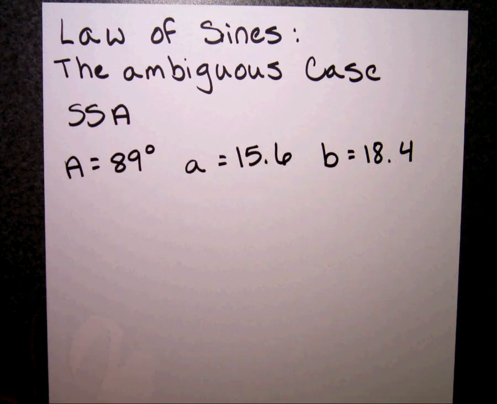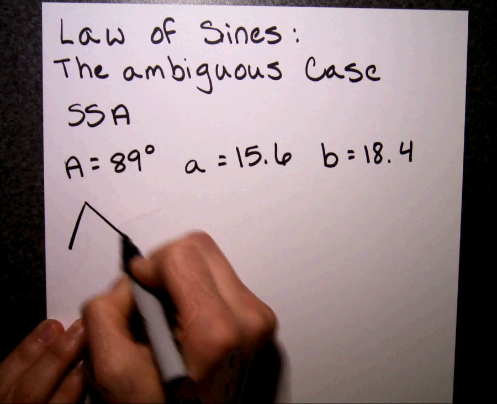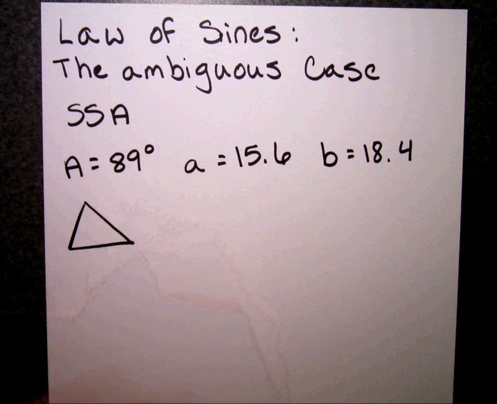It's already given away that this will be the ambiguous case, side-side-angle, but as we start adding to this, it will be nice to be able to identify what case we have and what we're going to do with it. So I'm going to go ahead and label my triangle.